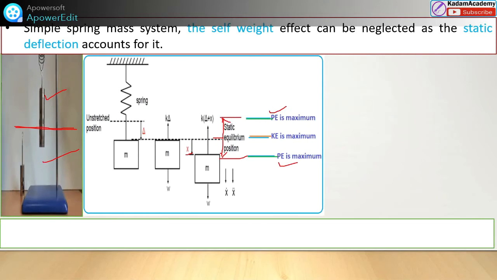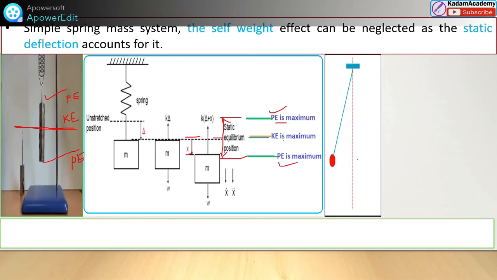At maximum displacement X the potential energy is high. At the mean position, the kinetic energy K is maximum, because the velocity is very high there.